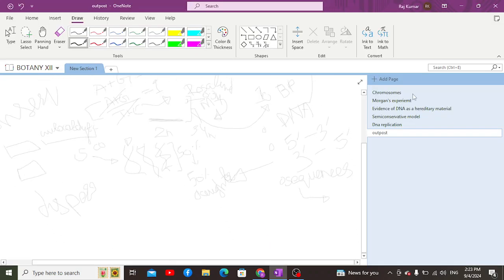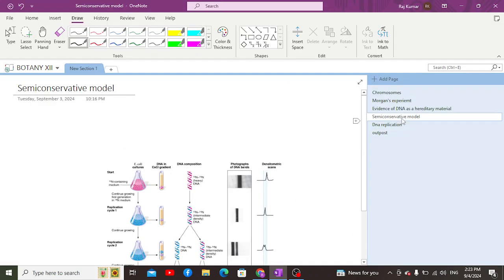Now, the semi-conservative model needed to be proved by some scientists in order to get further knowledge about it. The first scientists who performed this experiment were Meselson and Stahl.